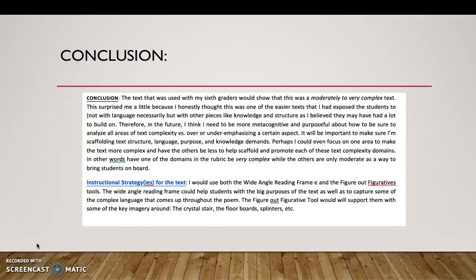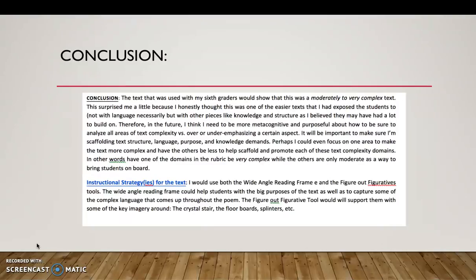Overall, we said this was moderately to very complex, and the teacher was somewhat surprised by this. You can see here how she talks about what she will emphasize, some of those things being metacognitive and purposeful about text complexity.